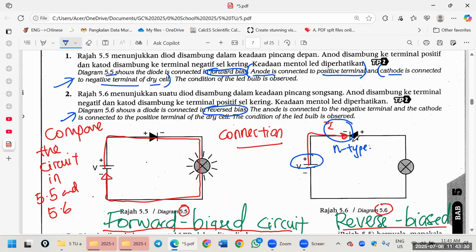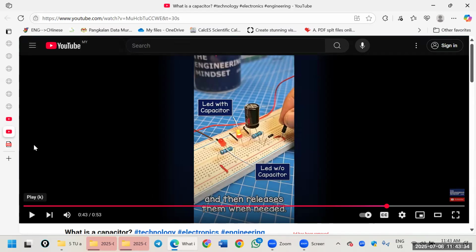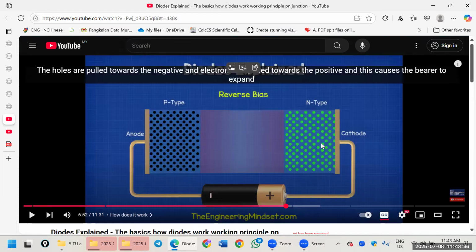Tell me the connection of reverse bias. How it connects. You must describe it. This is positive. This is n-type, or we say cathode.